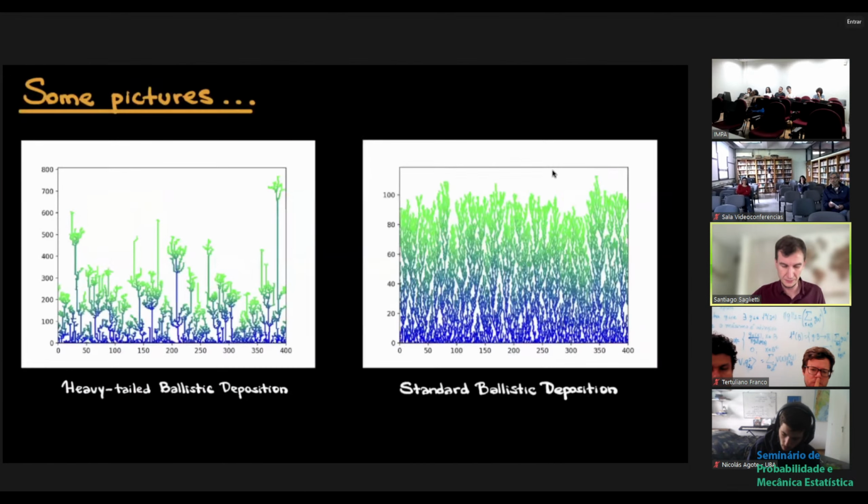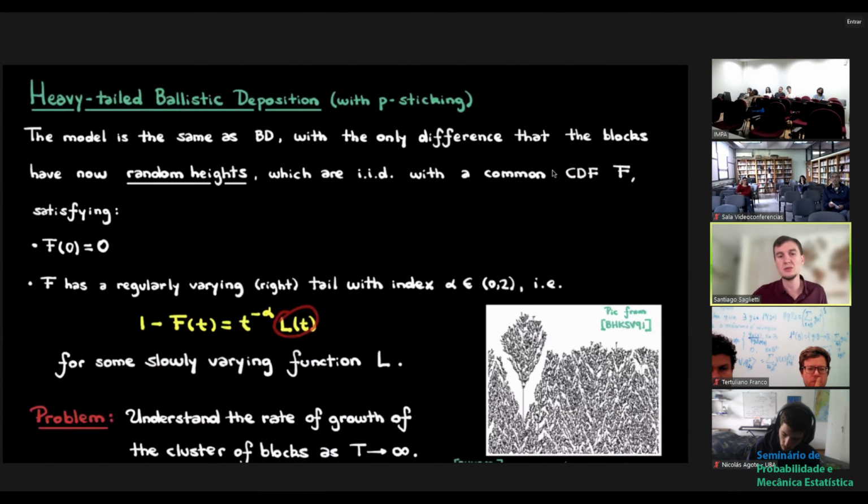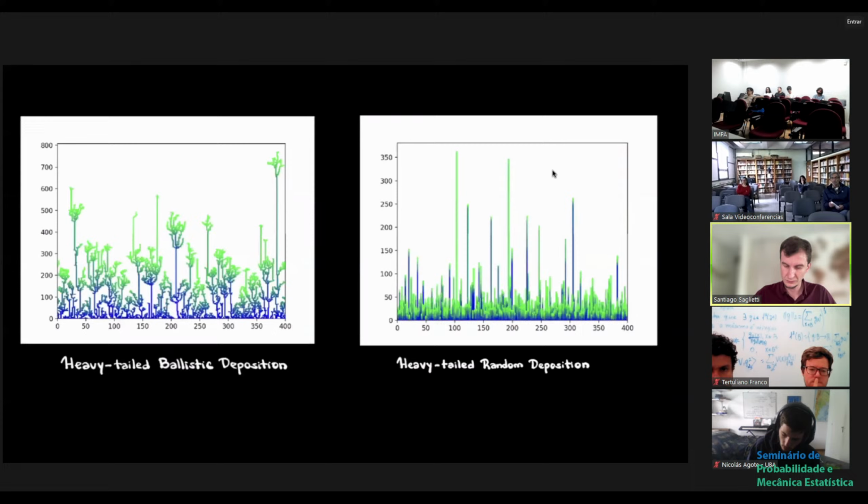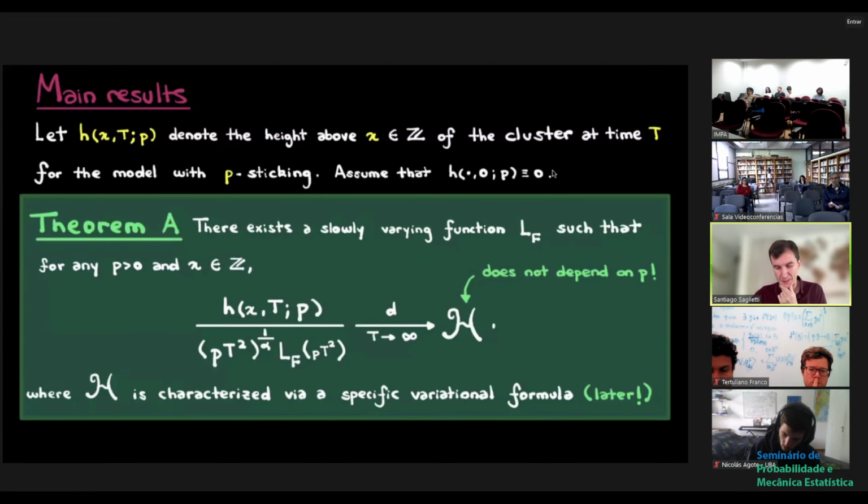Let me go back. It's not the same as this one. It's related to that one, but it's not the same. In such a way that if you fix any sticking parameter p positive, and you fix any site, then as t goes to infinity, when you scale the height by this, the normalized height converges in distribution to a limiting object, which first of all doesn't depend on p.